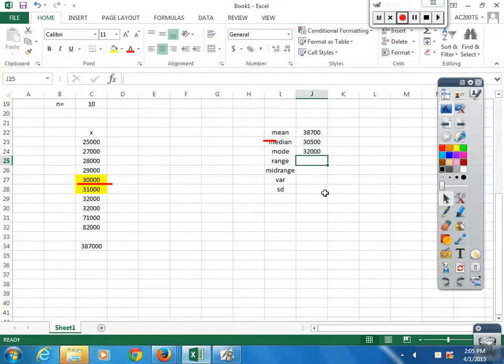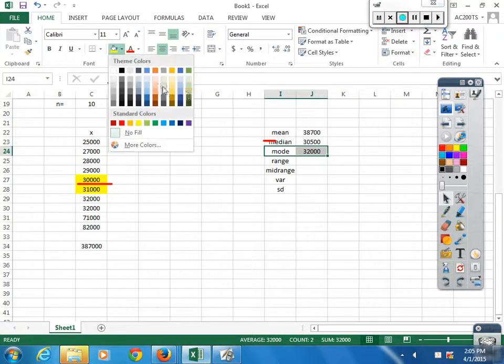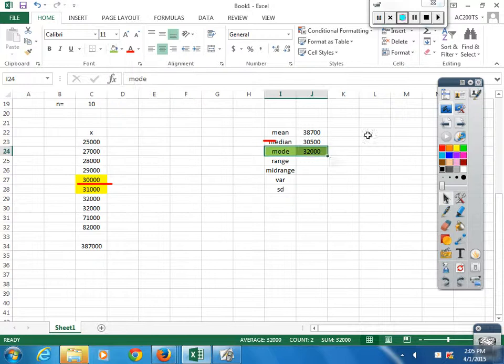Now 32,000, I'm going to highlight this a different color just for your purposes. I keep hitting the wrong button. Mode is observed. It is not calculated, so that's why I highlighted it.